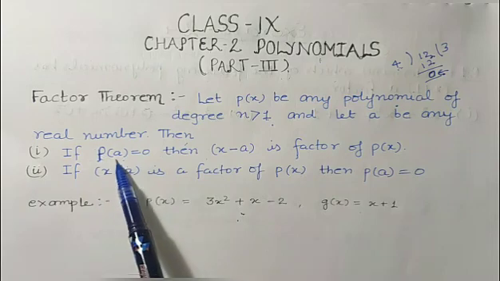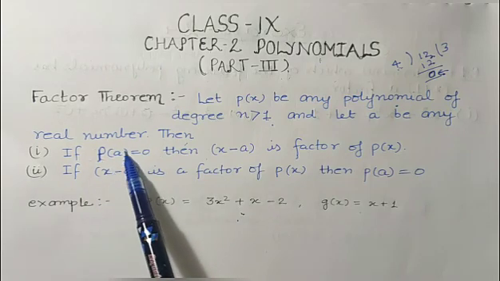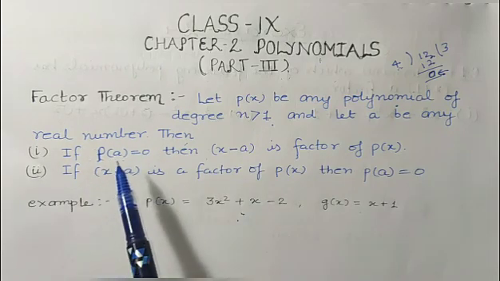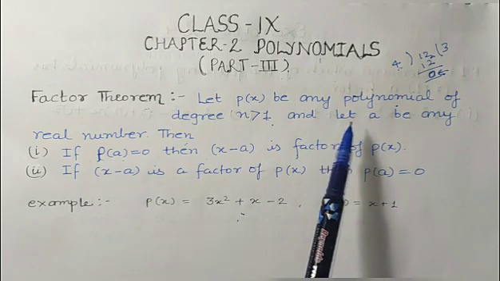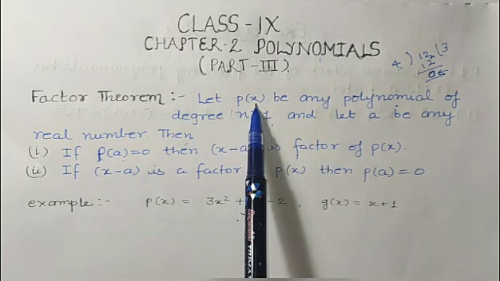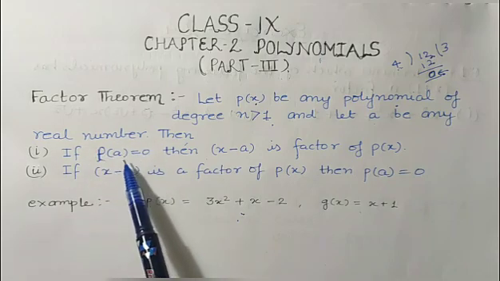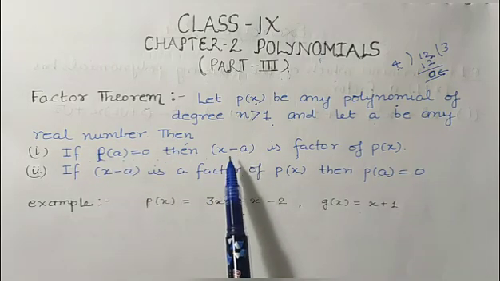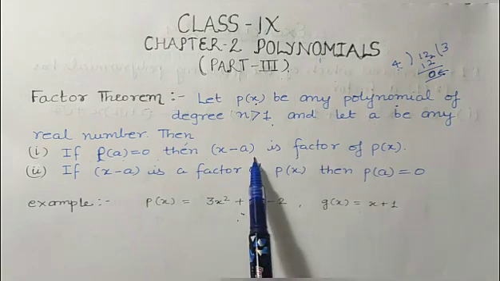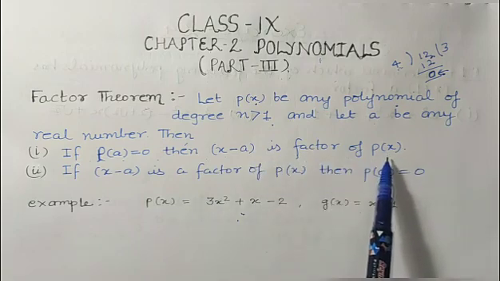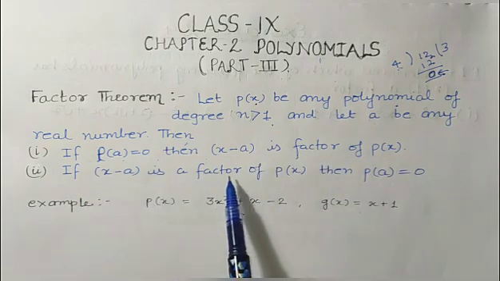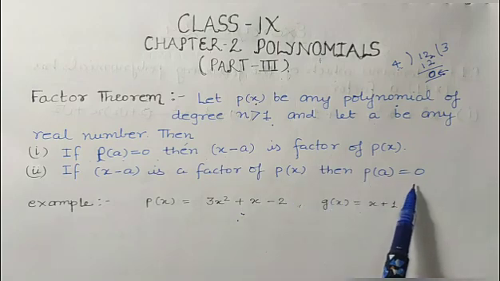What is p(a), students? We have studied in the last part of the video that if we put the value a in place of the variable, it will be the remainder. So if the remainder is 0, then the divisor x minus a is a factor of p(x).